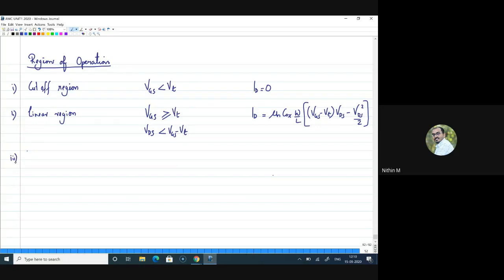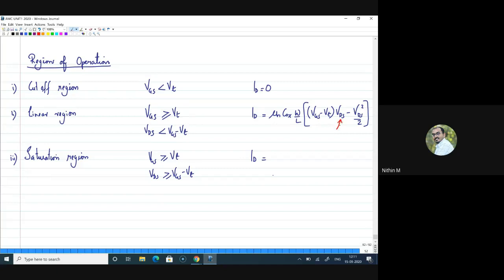And finally, still when your VGS is greater than or equal to VT, and if your VDS is greater than or equal to VGS minus VT, you will end up in another region, and we call that region the saturation region. For the reason that current is not increasing further, current is becoming constant. That region comes from this equation.